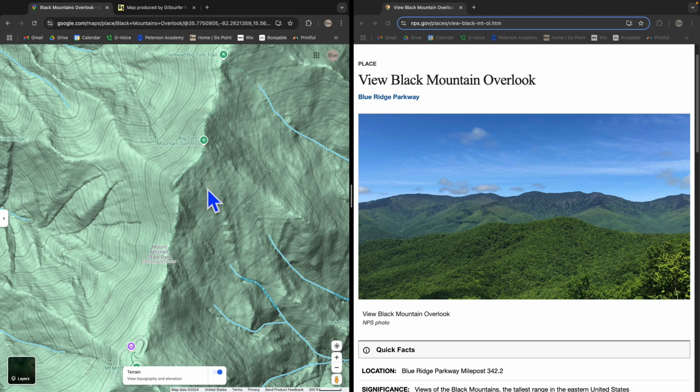We have another high one here. This one's going to be 6,600 on the summit. So that's likely going to be somewhere up here.